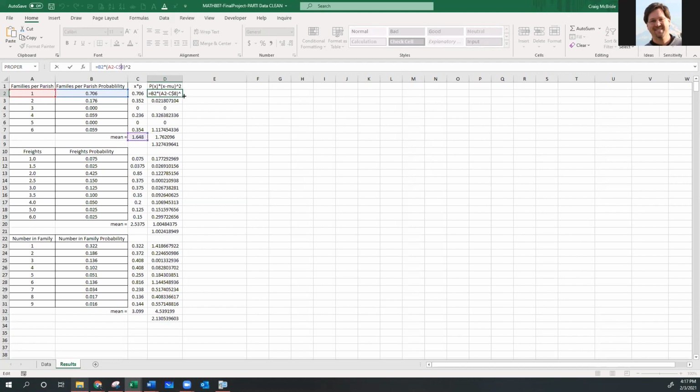If I were to drag this formula down without that $, it would take the 2 and multiply it by this empty cell, because everything shifts down by 1. Then at the next cell, it would take the 3 and multiply it by another empty cell. So in order for it to not move this cell in the formula, you have to put a little $, and that holds it steady.